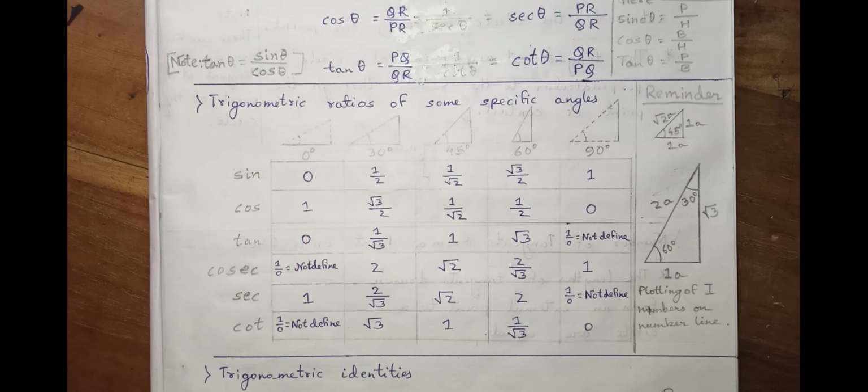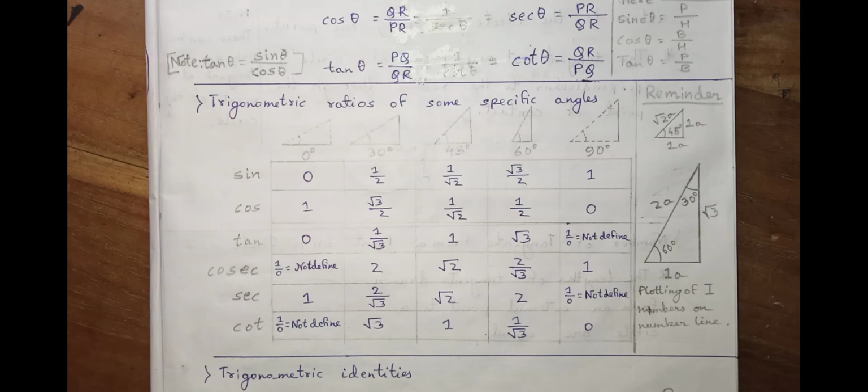Now let's go to cos. Cos also you can figure out by checking the triangles. For the time being, let's go a bit hurriedly and finish this chapter. Cos is all the vice versa of sine. What sine 0 degree is, that is cos 90 degree.